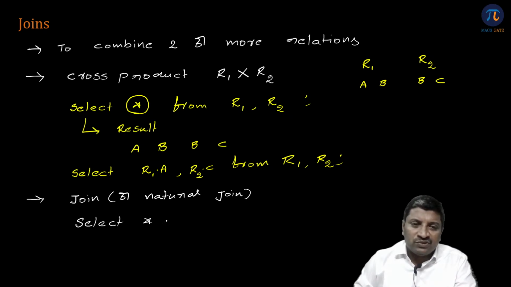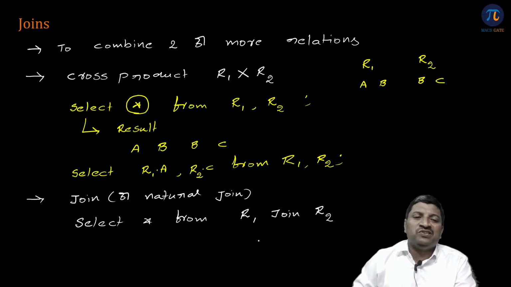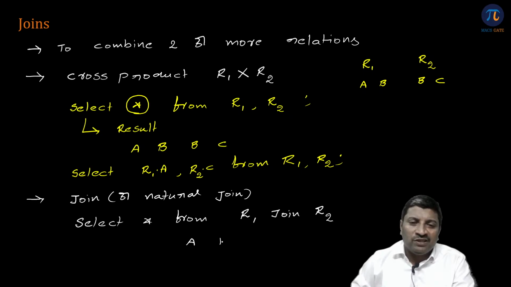Select star from R1 join or natural join R2. In such a case, it will display the common attributes only one time, and it doesn't display all the records.